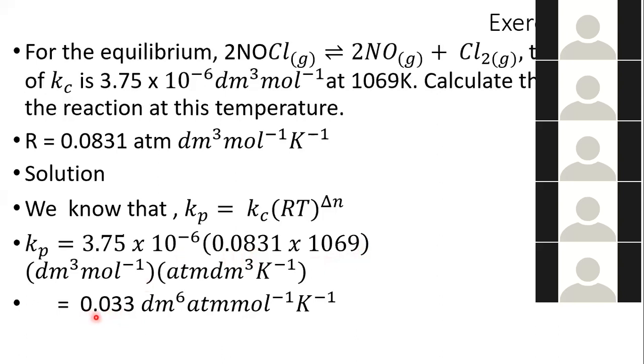You didn't get 0.033, right? I had 3.331 times 10 to the power negative 4. Yes. So this is different from what I had here. So what went wrong?